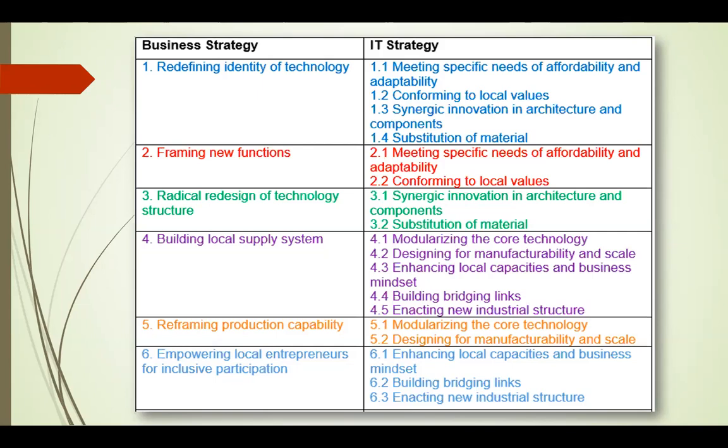Now we move on to 4.4, which is building bridging links. This refers to the peripheral ties, or outer ties, that tend to be high in unique resources and low in closure. The solar companies set up workstations within rural areas to increase the structural diversity of local networks. These workstations act as ties that bridge the economy to both the solar companies and other resources needed to create local businesses.